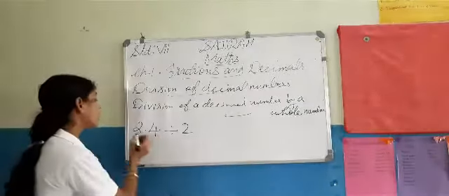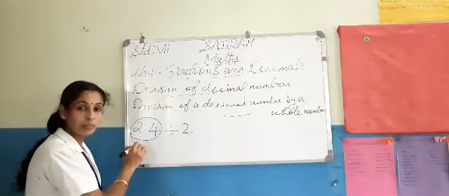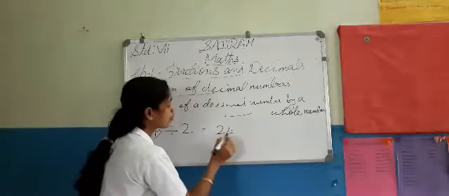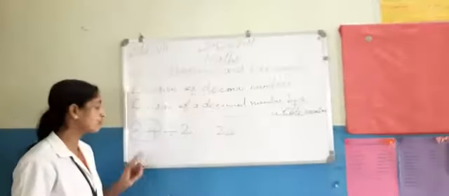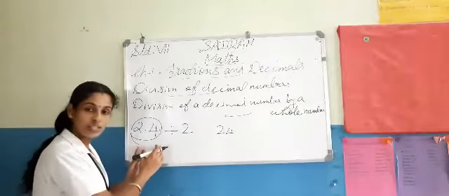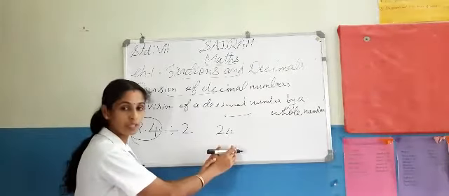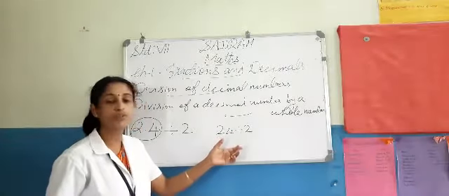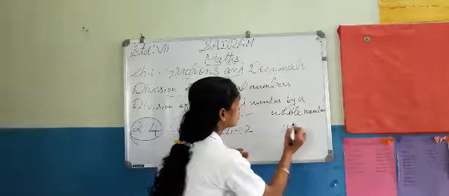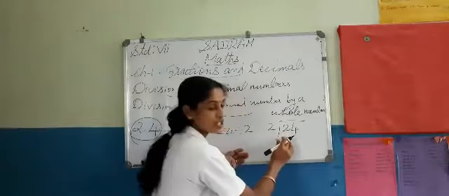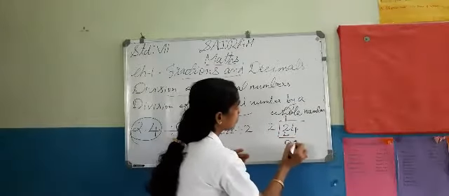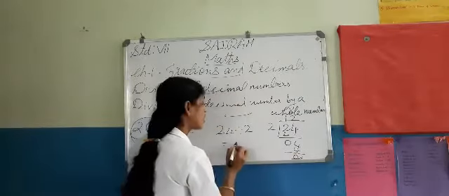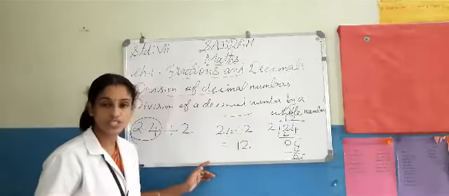First of all, treat this decimal number as a whole number, then we get 24. We get 24 divided by 2. Now what will we get after the division? 2 into 12, so we get 12 as the quotient.